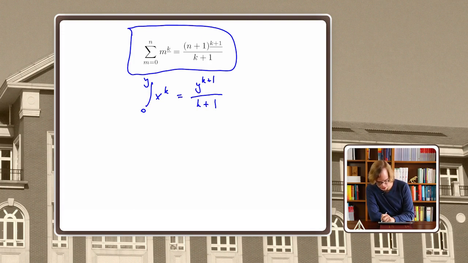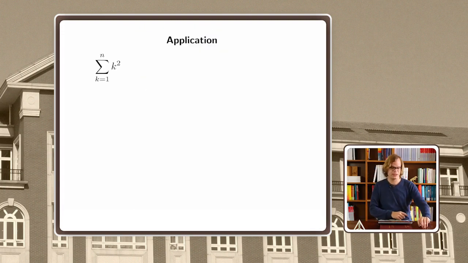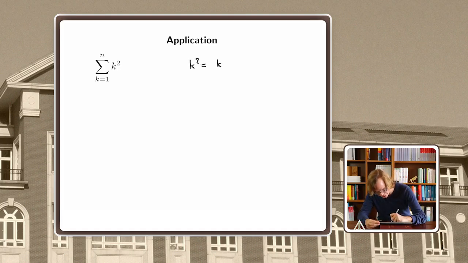You remember 2 sessions ago I told you I was frustrated as a high school student because I couldn't come up with a nice formula for the sum of k squared. So now we can. Because now we can simply observe that k squared, we can write it as this. That's actually kind of a stupid way to write it. Why should you write it? Well, because this is now k to the falling 2 plus k to the falling 1.